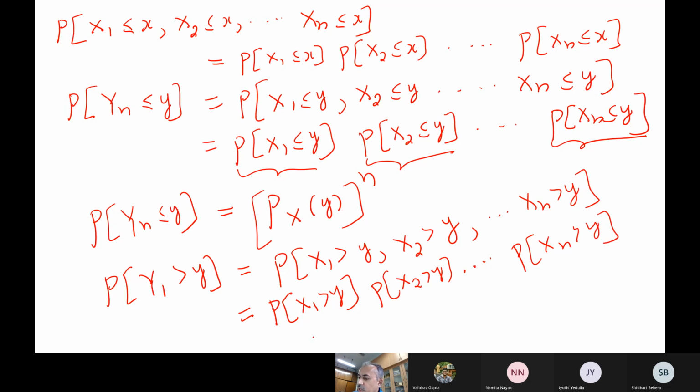This expression can be written as 1 minus P(X1 less than or equal to y), and similarly you multiply 1 minus P(X2 less than or equal to y), and like this for the last one also.